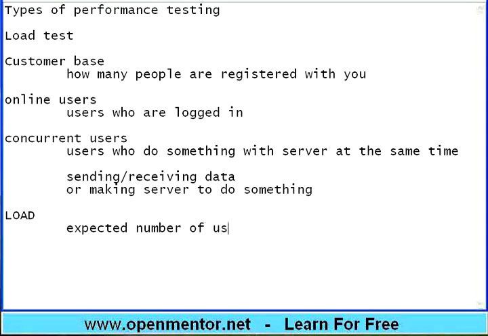Load meaning expected number of users to be handled. That means a bank knows how many customers come to a particular branch on an average on a typical early weekday, late weekday like Friday.